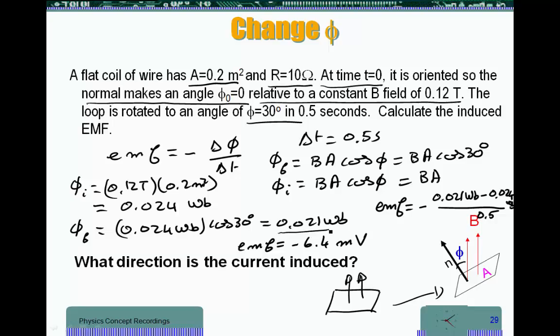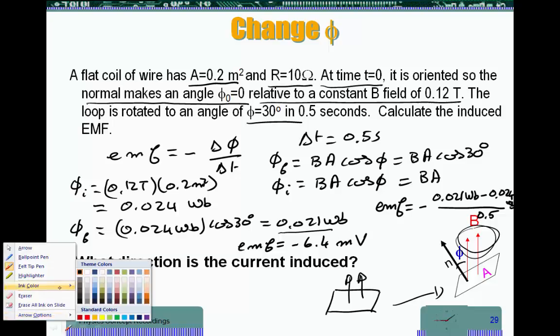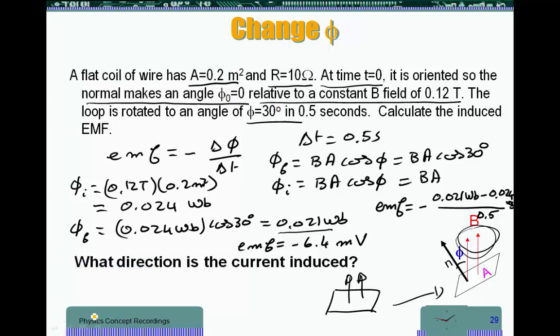Now, to oppose a change in magnetic flux, remember that the change here is a reduction in the magnetic flux. The induced current should produce a magnetic field in the same direction as the original magnetic field. To result in a magnetic field in the same direction, using the right-hand rule, the current has to be in this direction.